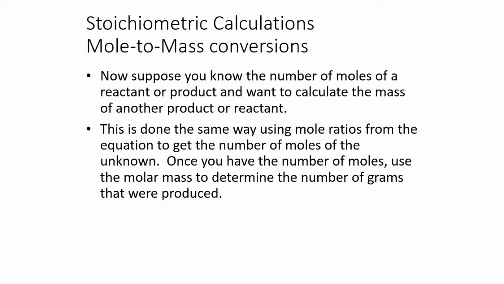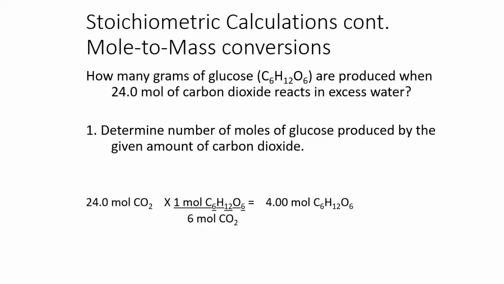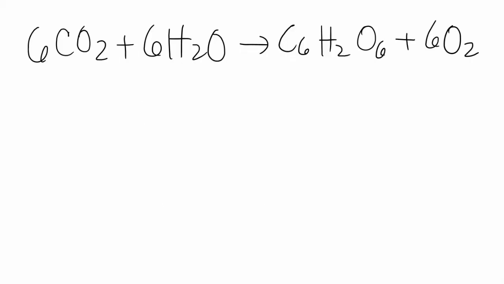So for example, we have a glucose, okay, that is being produced when 24 mole of carbon dioxide reacts in excess water. So, ang tanong dito, gaano kadami yung glucose na mapoproduce? Hindi mole. Hindi lang tayo hinto sa mole. Of course, we have to start with a balanced reaction.